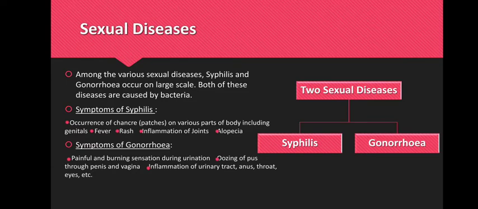And in gonorrhea, we feel a painful and burning sensation during urination, oozing of pus through the penis or vagina, inflammation of the urinary tract, anus, throat, eyes, etc. So these are the symptoms of gonorrhea, right?